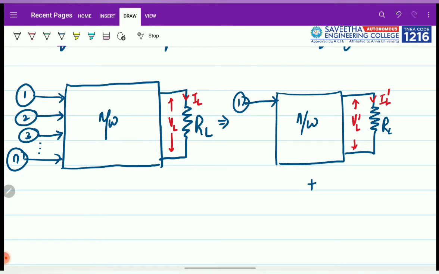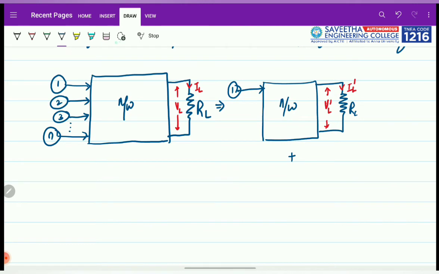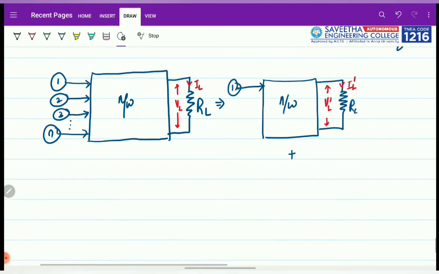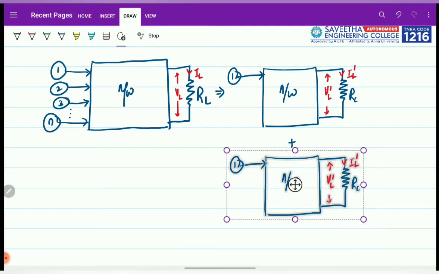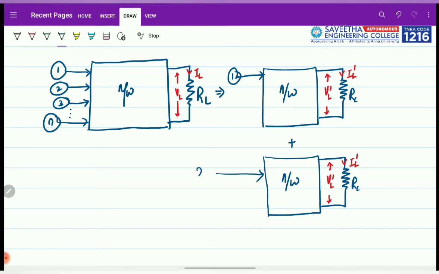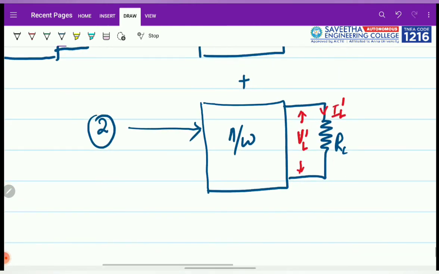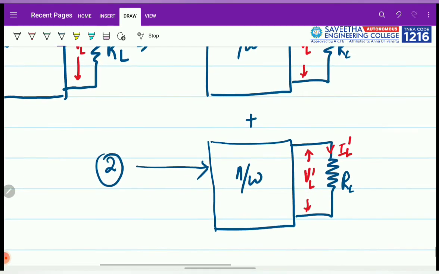This plus, the second time I am going to use the same circuit again, but now we will consider the second source in this case, and we will find the new voltage which is obtained because of the second source.